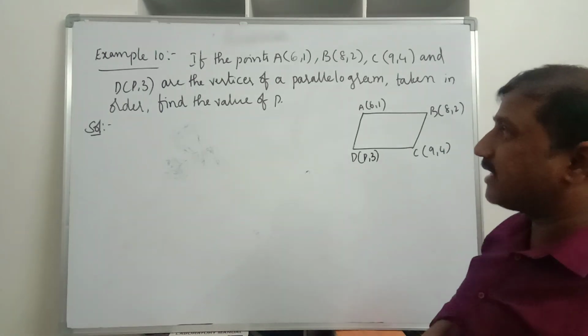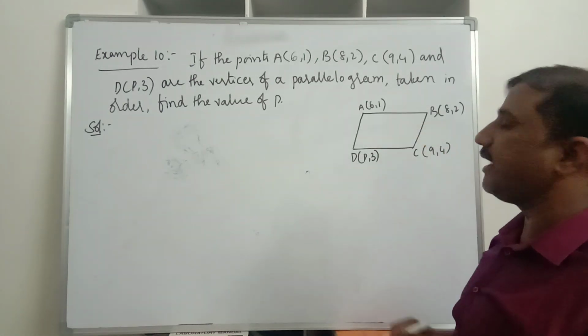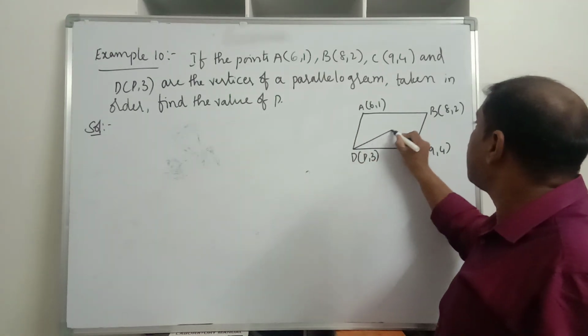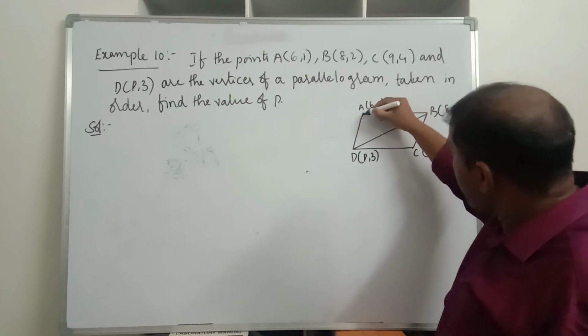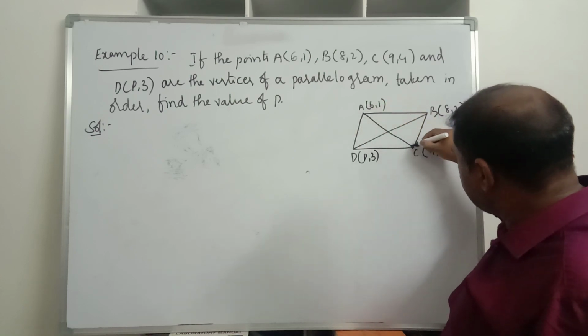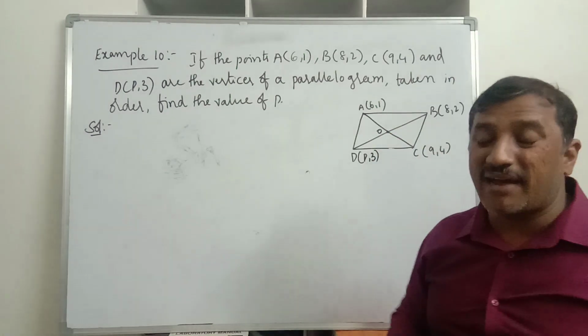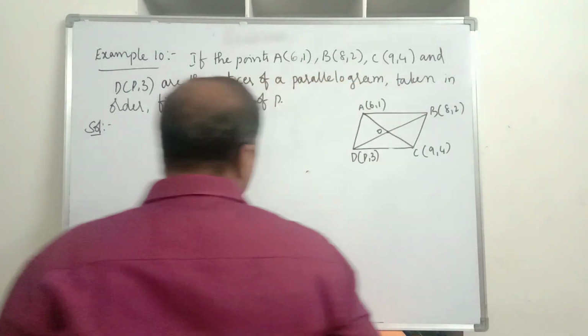What are the properties of a parallelogram? Opposite sides are equal and the two diagonals bisect each other. The two diagonals BD and AC will bisect each other. Point O will be the bisecting point. Bisecting means dividing into two equal parts.